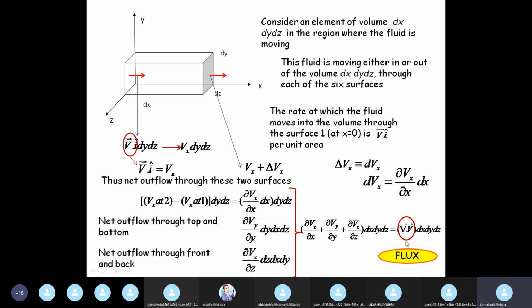But what it is giving us really is just the amount of fluid crossing per unit area, per unit volume, per unit time, which is nothing but the flux.